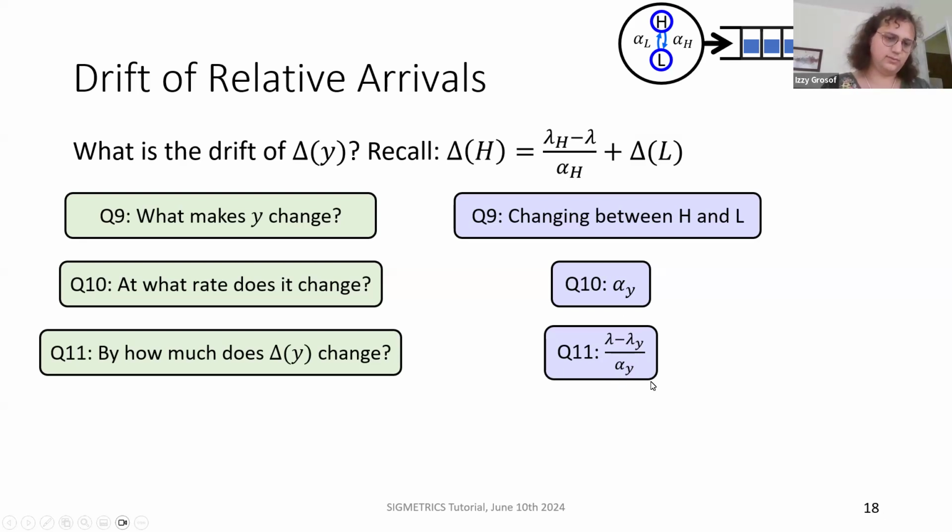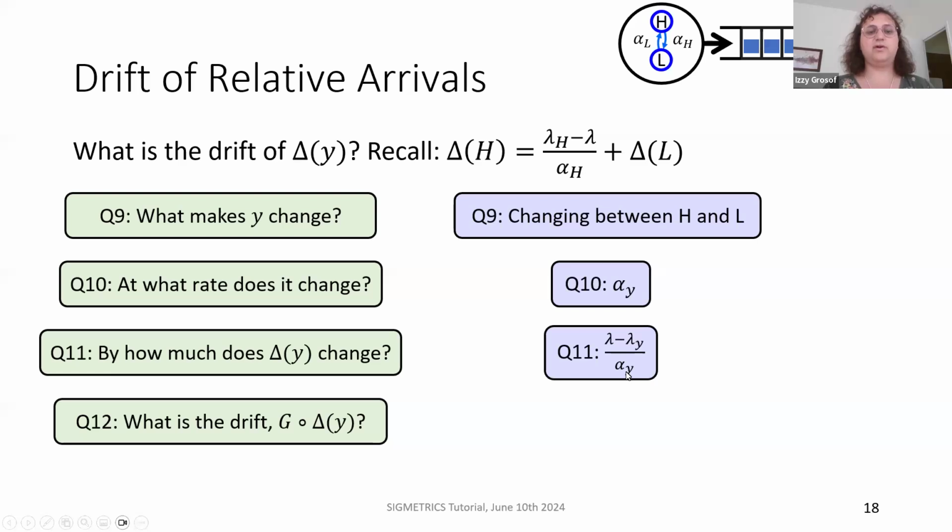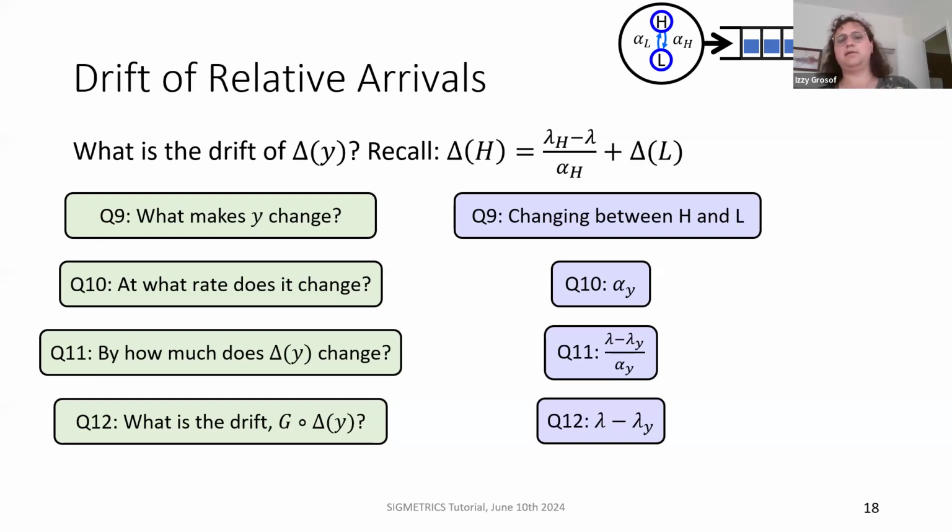Okay, so let's put it all together. We've got the rate, we've got the amount of change. So what's the drift of delta y? Well, it's just lambda minus lambda y. We just multiplied alpha y by this change. And this is great.